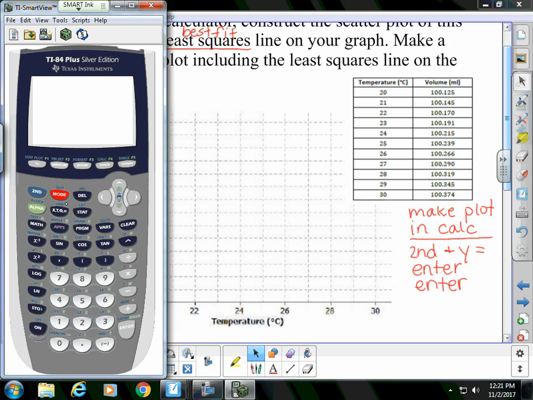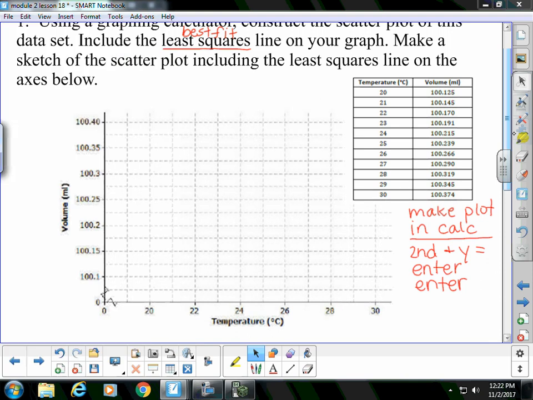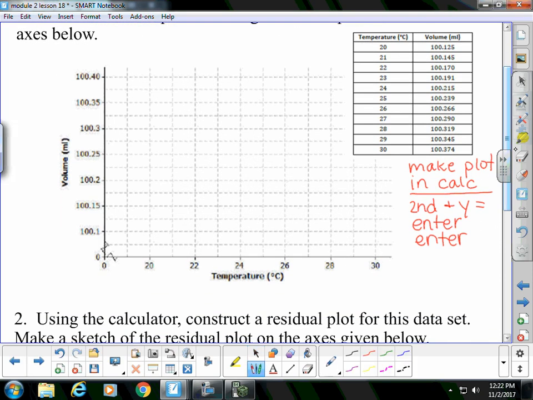And next, that's to make the scatter plot. Now I want to see the scatter plot. So the next thing I want to do is to view the plot. To view the plot, you're going to hit zoom and then the number 9 key.